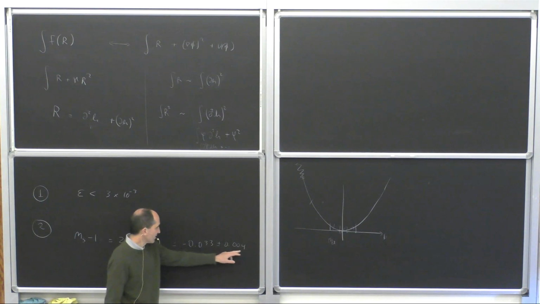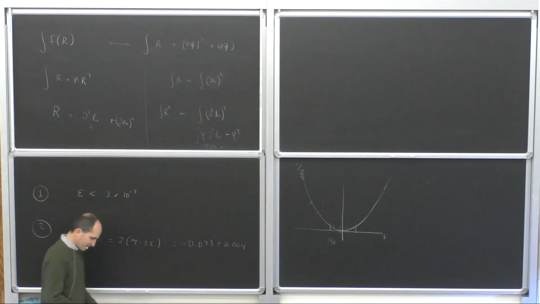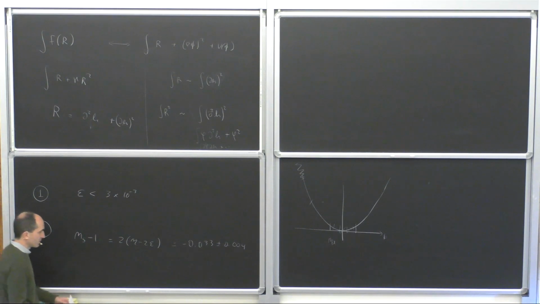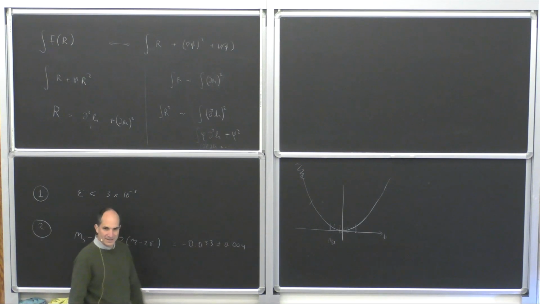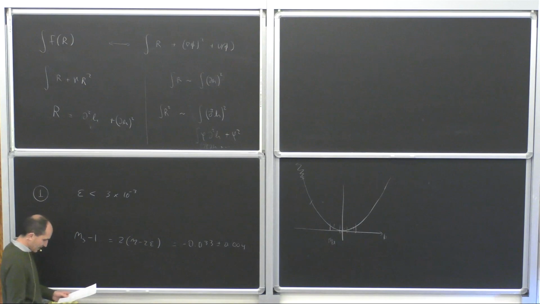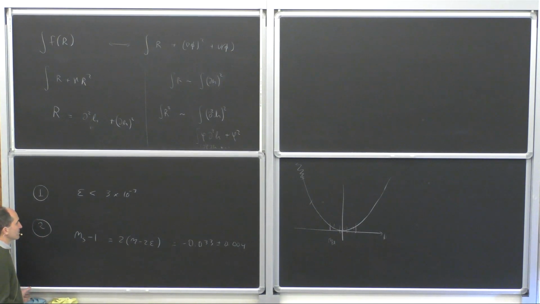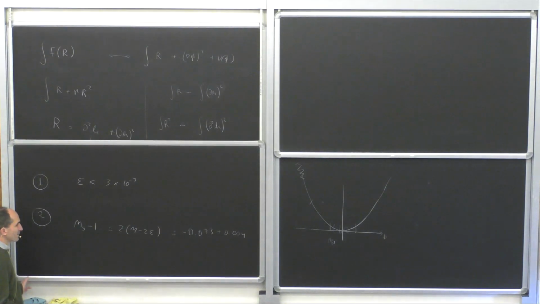So this 4 is here in the second digit, so we have an error of let's say 10% for the deviation from scale invariance, and we have a kind of small deviation. So that gives you an idea of what this slow-roll parameter should be.